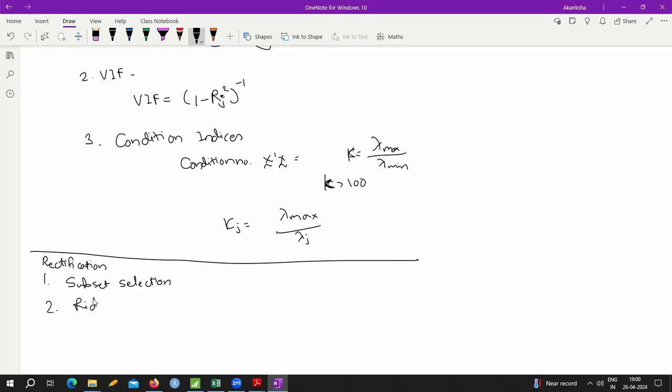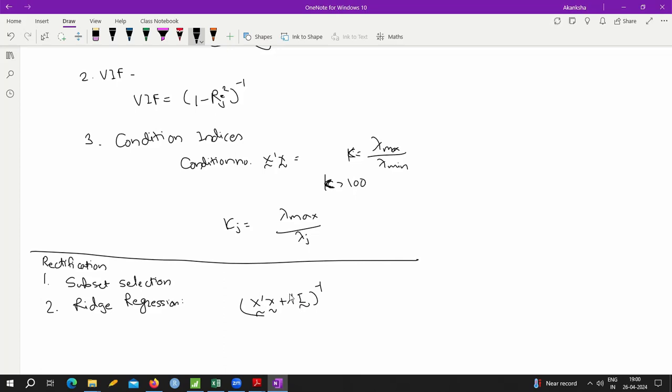So what is ridge regression? Ridge regression is modifying x prime x slightly. See, what we know is x prime x being singular is a problem, so x prime x inverse is a problem. So instead of x prime x inverse, if I compute x prime x plus lambda I inverse, where lambda is some constant, then this may not be that bad.